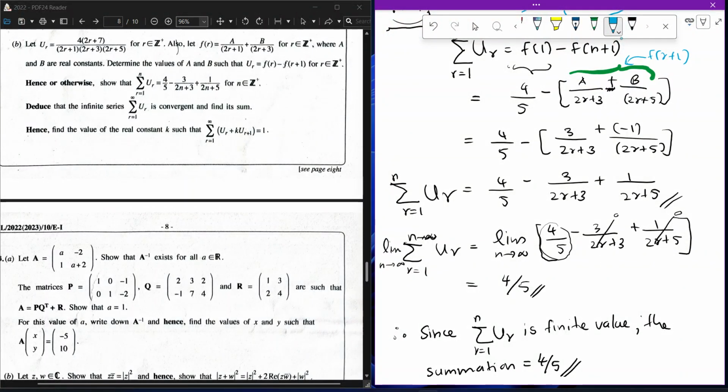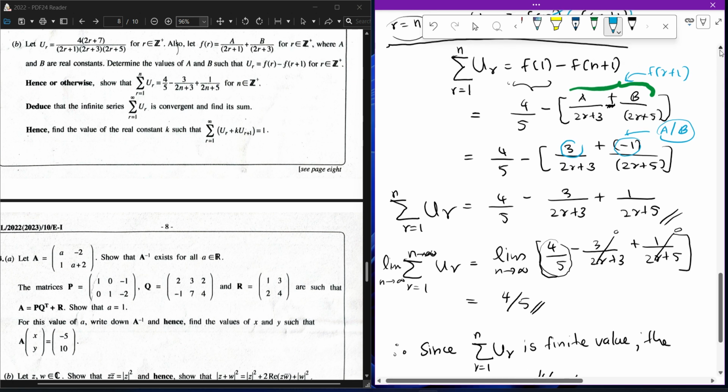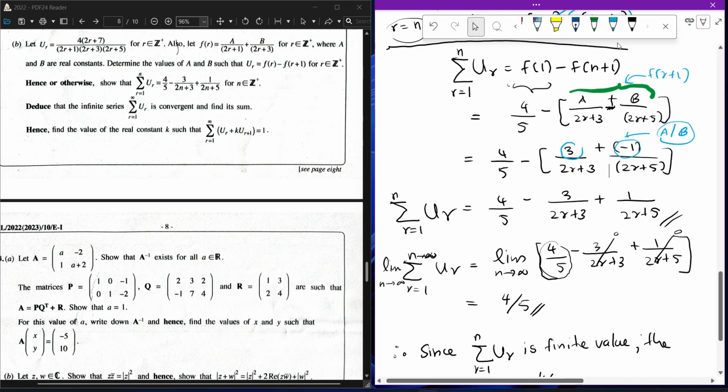Then I substituted in the a and b terms with 3 and minus 1. And finally what our expectation was, to give this the n term, this comes with n terms.